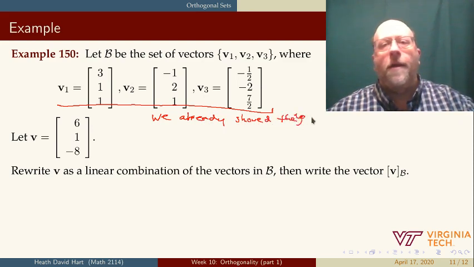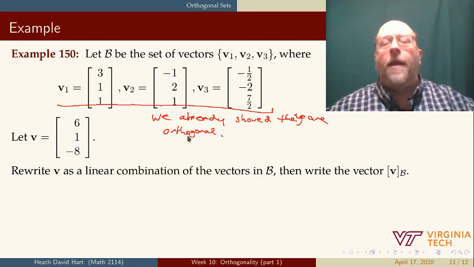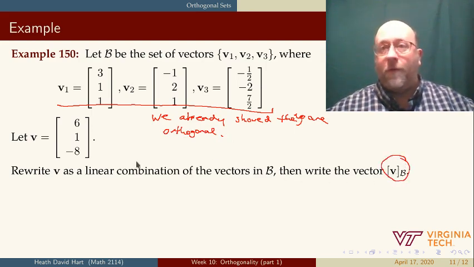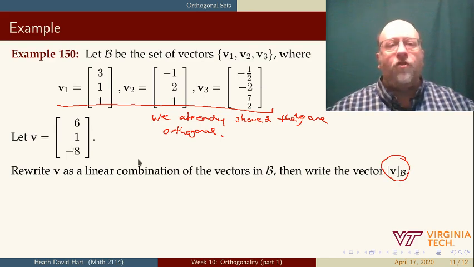And when we have an orthogonal basis, then calculating v sub b, we have a shortcut for. So here's the shortcut. The formula again is we're going to dot product v with the basis vectors, and then take the basis vectors and dot product them with themselves.